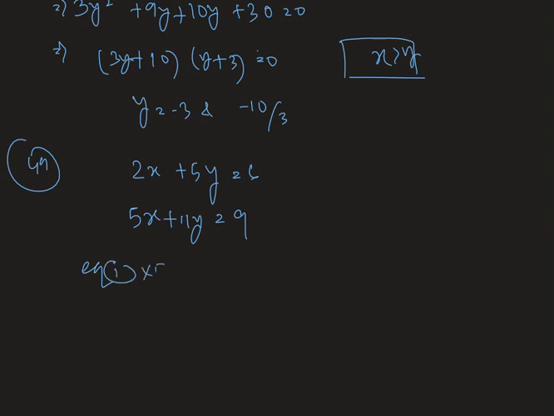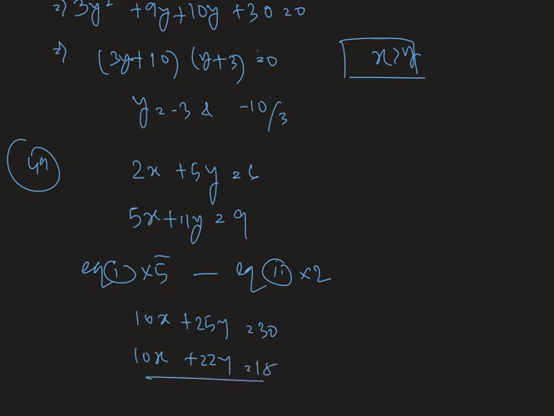If we multiply 5 with equation 1 and then subtract the second equation after multiplying 2 with it, we get 10x plus 25y equals 30 and 10x plus 22y equals 18.